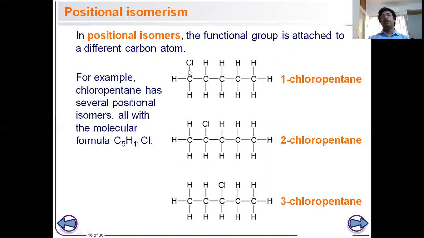The first one, the chlorine atom is joined with the first carbon, that is 1-chloropropane, then 2-chloropropane, and 3-chloropropane. It depends on which position the chlorine atom is joined with carbon. So these types of isomers are called positional isomers, as the position of the chlorine atom is different in the molecule.